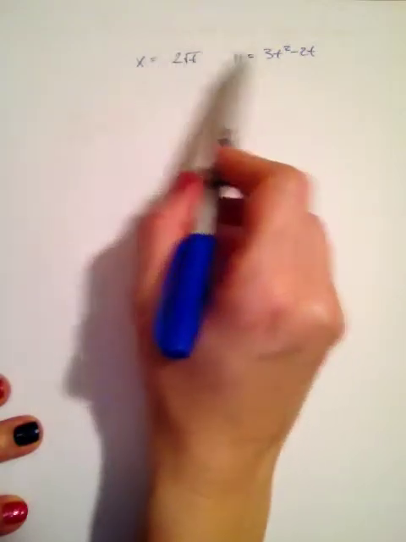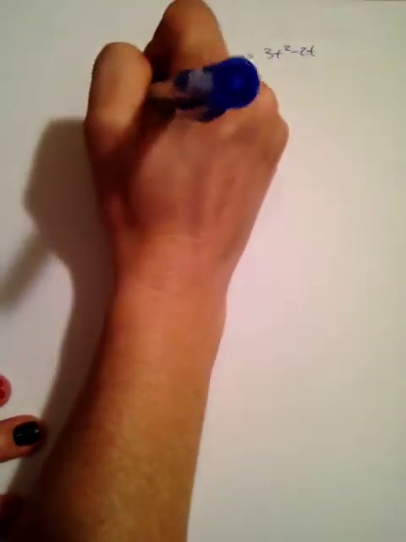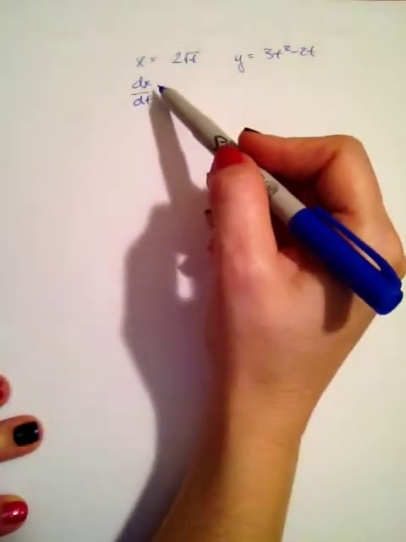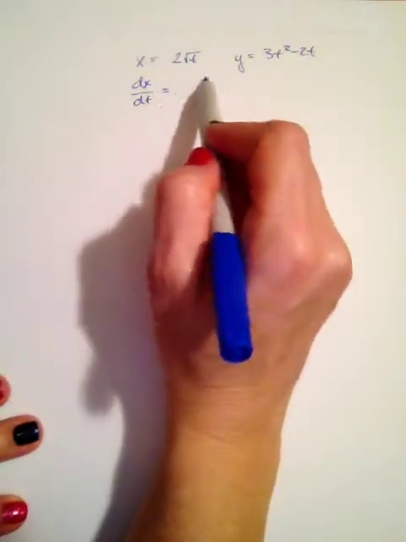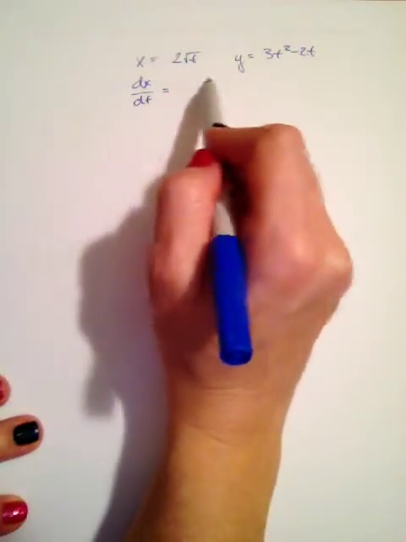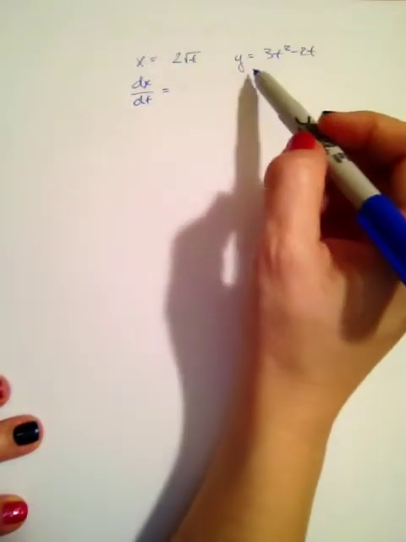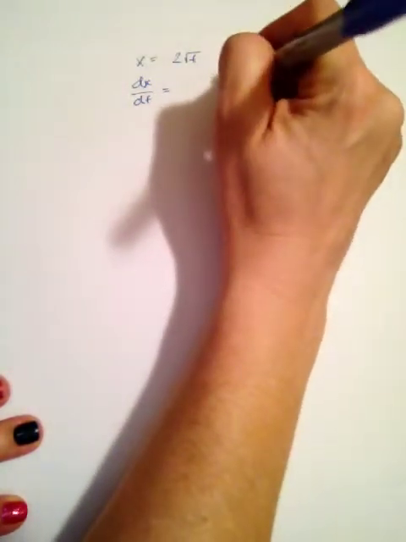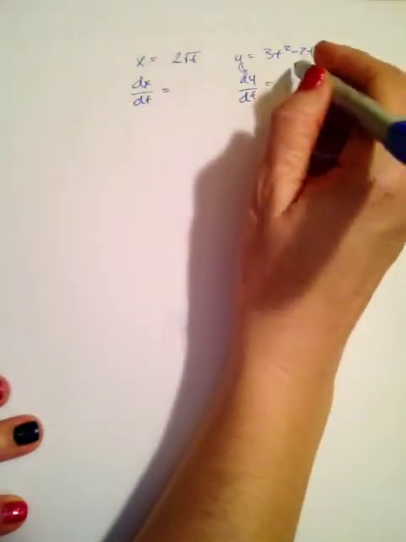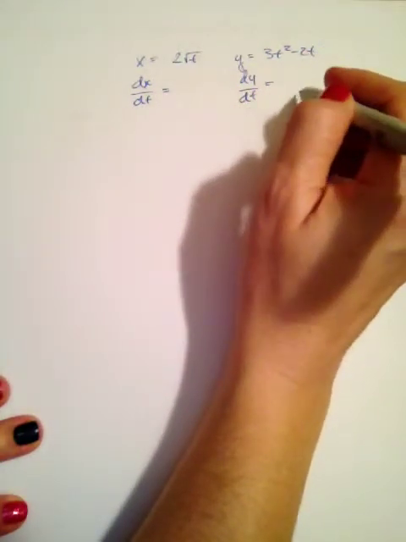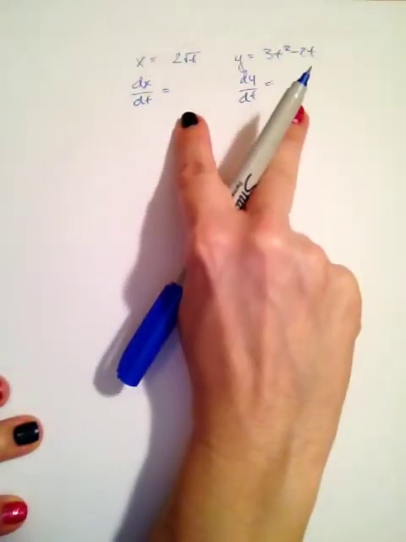If I look at the derivatives of these separately, then dx/dt will give me the rate of change of x with respect to t. So it's basically telling me how fast the particle, or whatever it is, is moving left or right. dy/dt would give me the rate of change of y, so that's how fast the particle is moving up and down, and both of these are at any given time t.